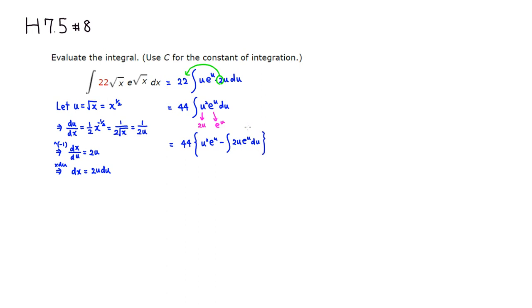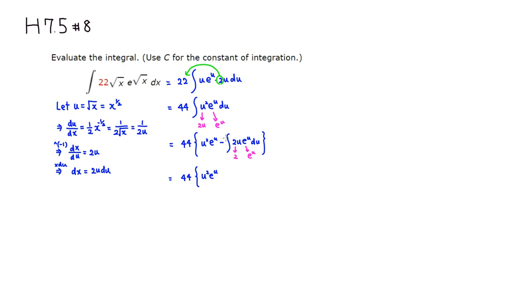Then we're going to have to do another integration by parts. Here, take the derivative of 2u, which gives us 2, and the antiderivative of e to the u is e to the u. I'm going to keep 44 outside. This first term is already finished, so I'll just copy that: u squared e to the u.